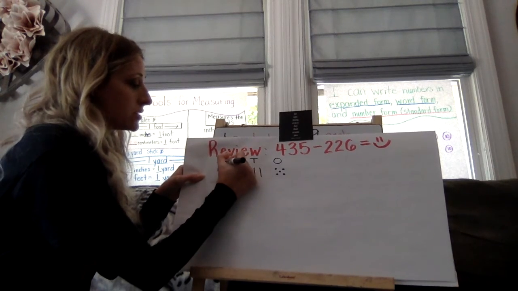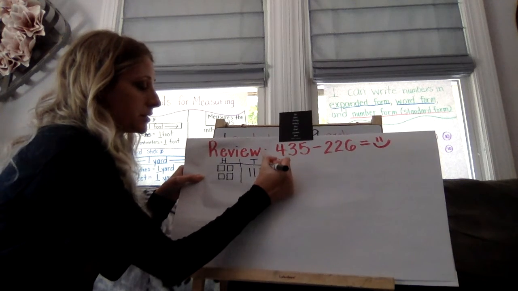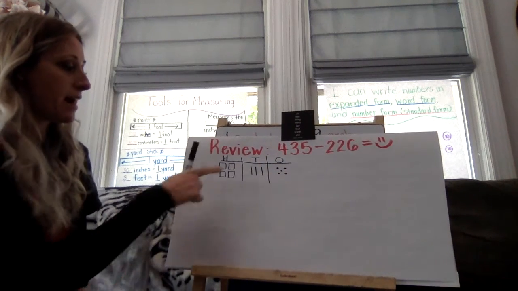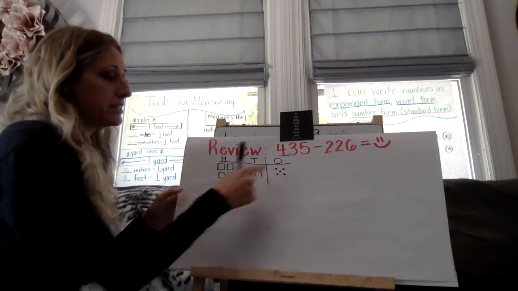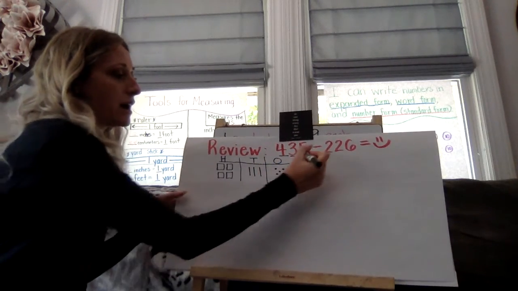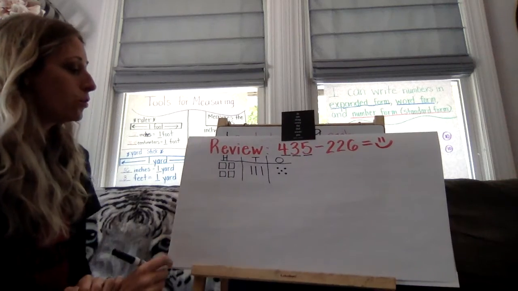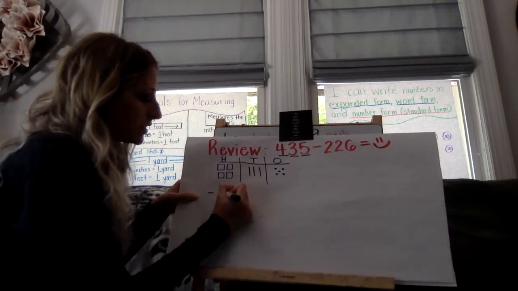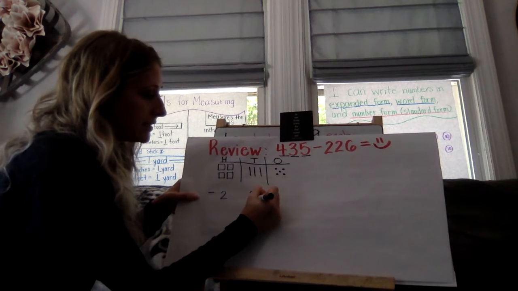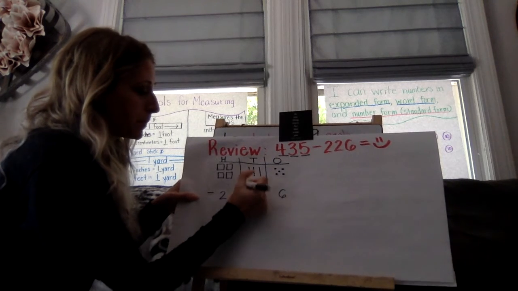So I'm just going to kind of draw this grid here. Okay, so we have our hundreds, our 400, our 3 tens, and our 5 ones. So now we need to take away 226.